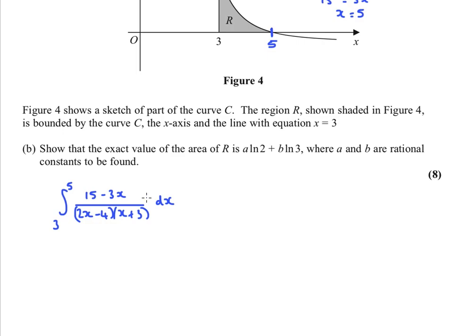And as I said at the beginning of part A, it's a partial fractions question. We can integrate this if it was split into two partial fractions. That would integrate really nicely, really easily.